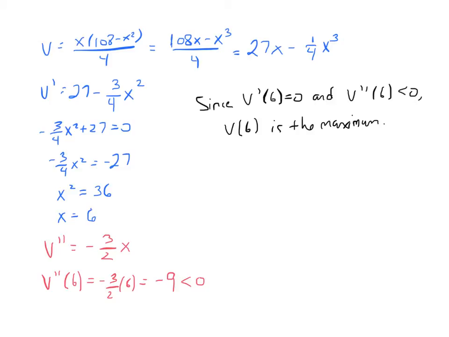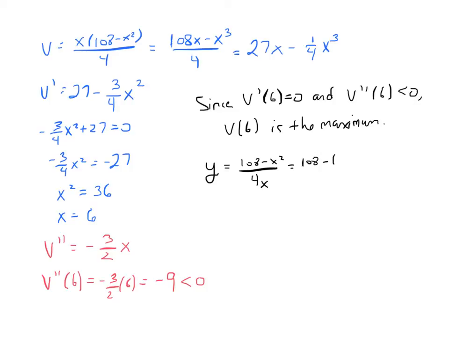And if you remember, we had an x and a y. So we know that x should be equal to 6, but we have that secondary equation solved for y. We know that y is equal to 108 minus x squared over 4x.